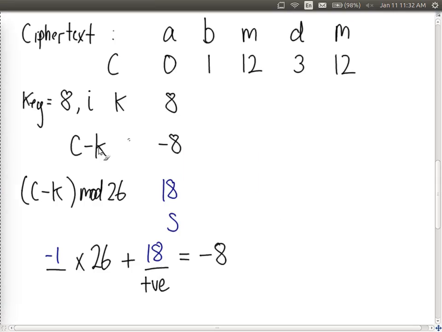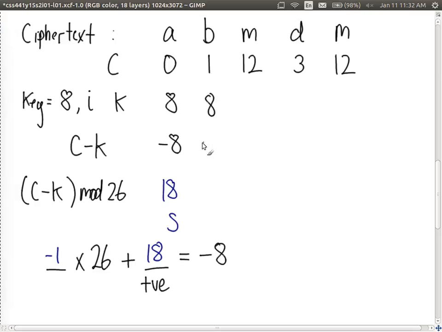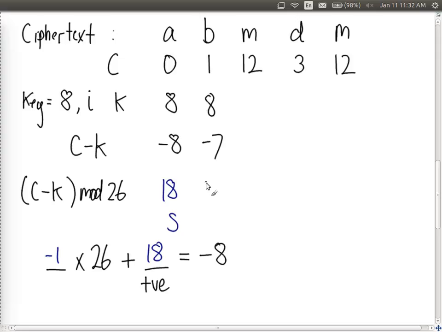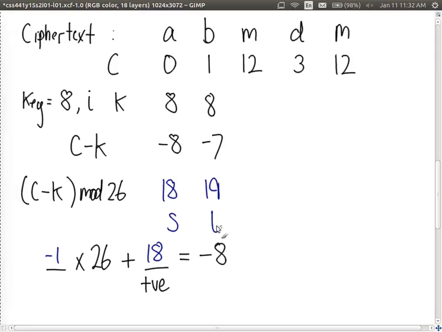And you can do the same for the other characters. 1 minus 8 is -7. -7 mod 26, you'll find is 19. And in fact, the mod implements the wraparound.